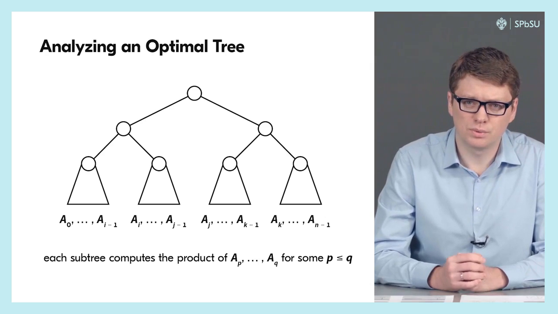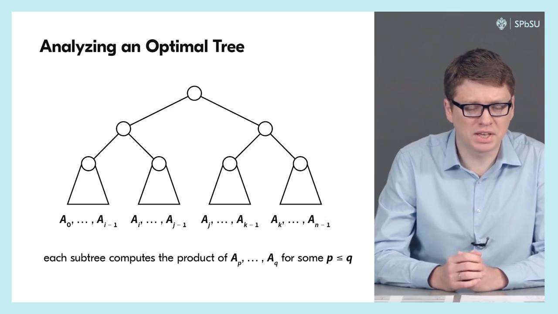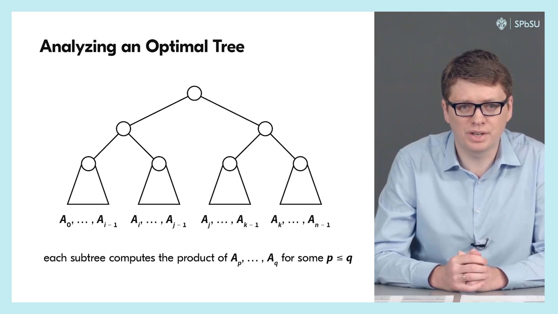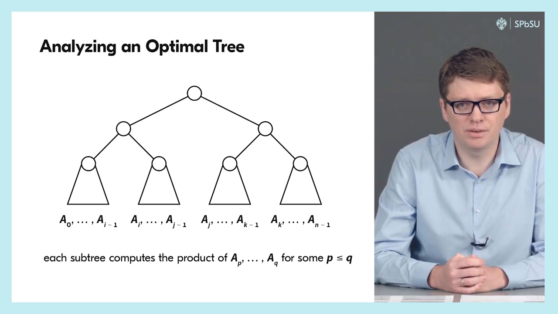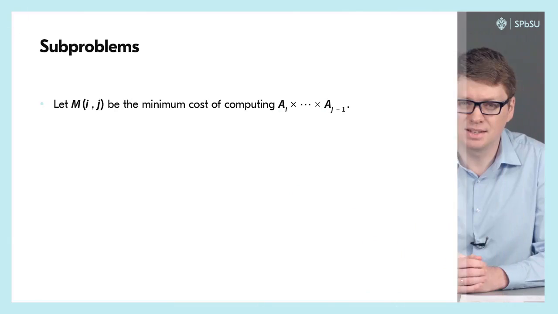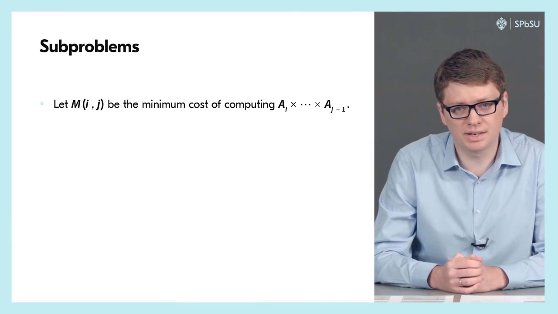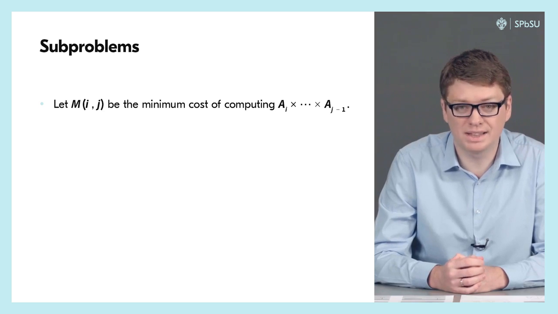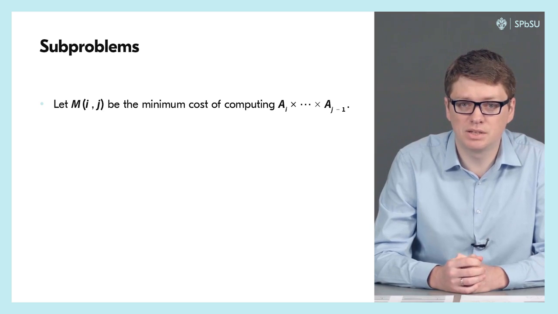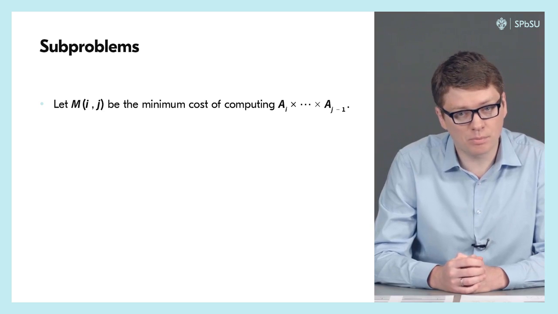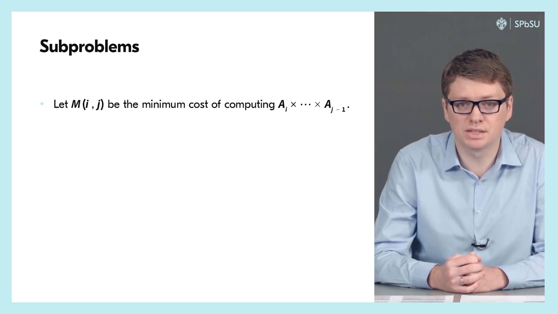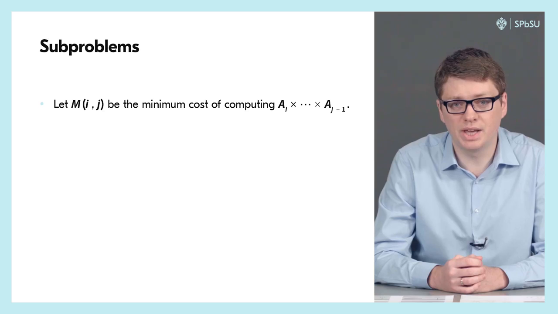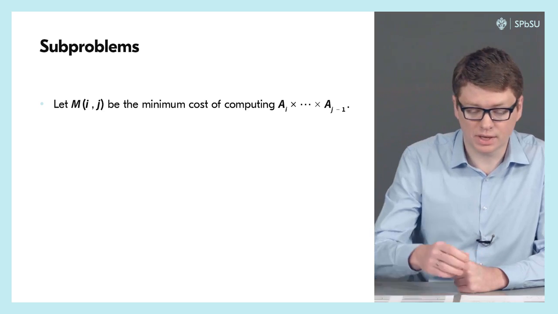Right? So the pattern that emerges here is that any subtree in such a binary tree multiplies matrices from I to J minus 1 for some parameters I and J. Okay? And this suggests that we define a subproblem as follows. Let M of Ij be the minimum cost of multiplying matrices from I to J minus 1. Okay?